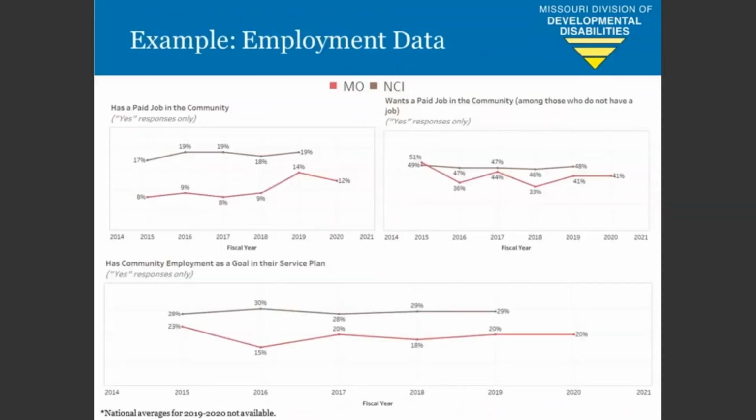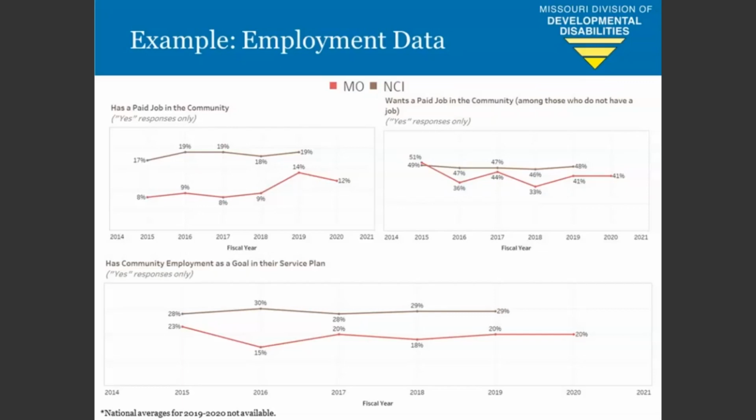So this is one example of some of the MCI data, and this is on employment. In this first box, it's kind of small, but it shows the percentage of individuals with IDD in Missouri who have a paid job in the community.